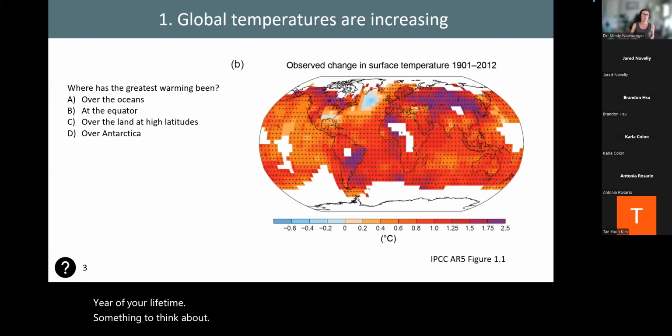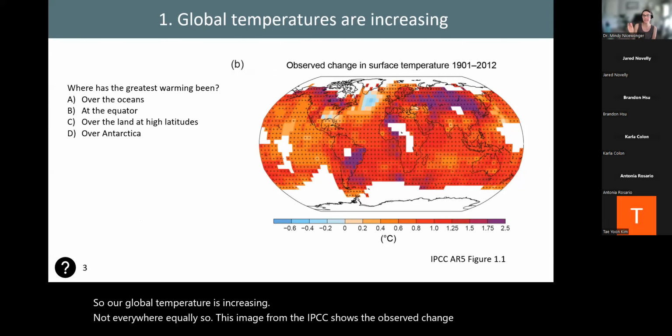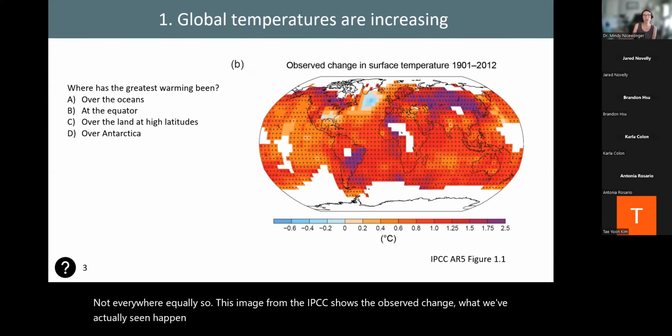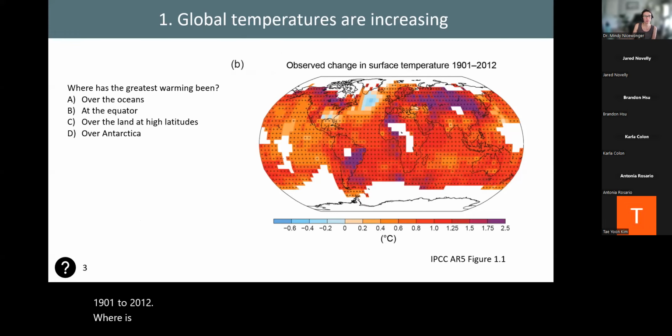Okay. So our global temperatures are increasing, not everywhere equally. This image from the IPCC shows the observed change, what we've actually seen happen in global surface temperatures between the period 1901 to 2012. Where is the greatest warming?